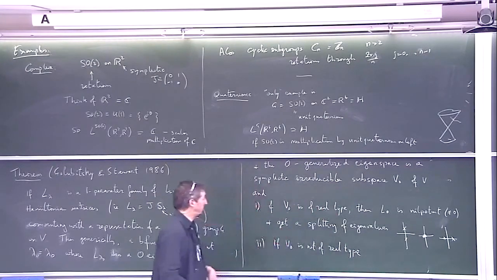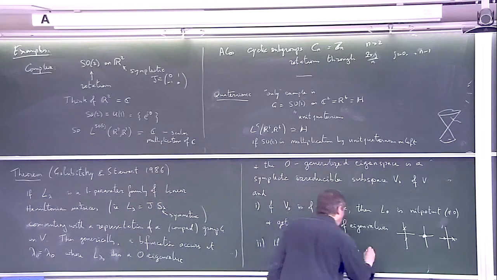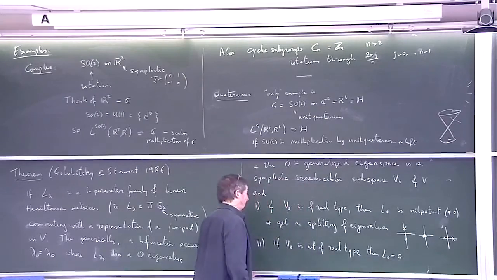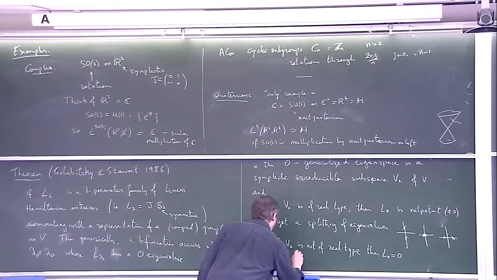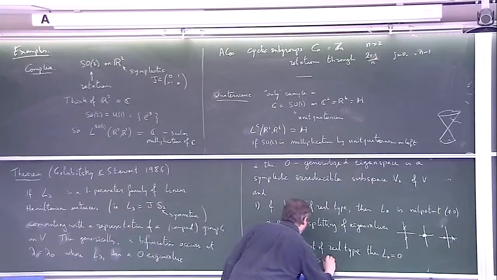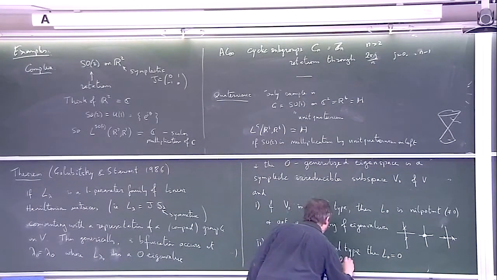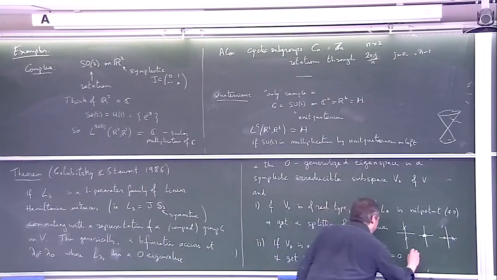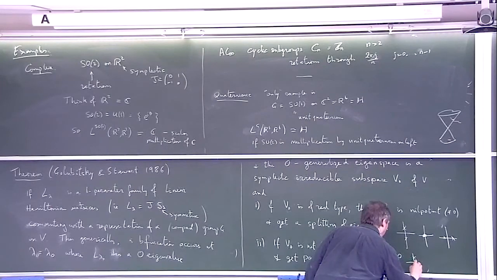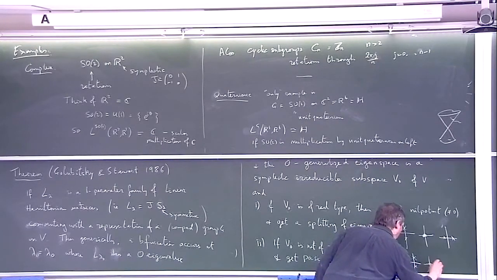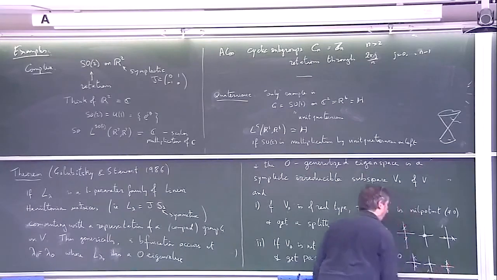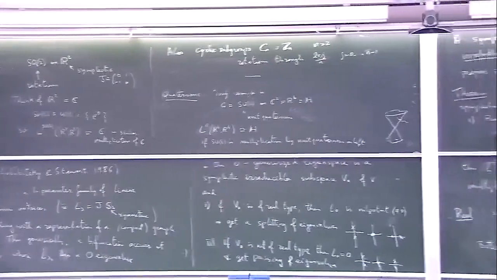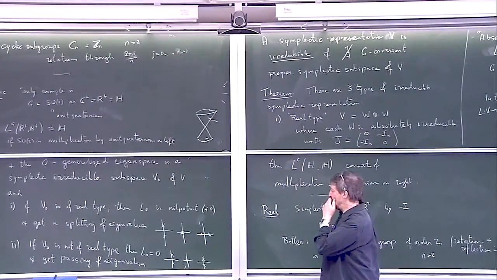So if V naught is one of the other two types, then L naught is 0, and the eigenvalues behave differently. Can they be real?